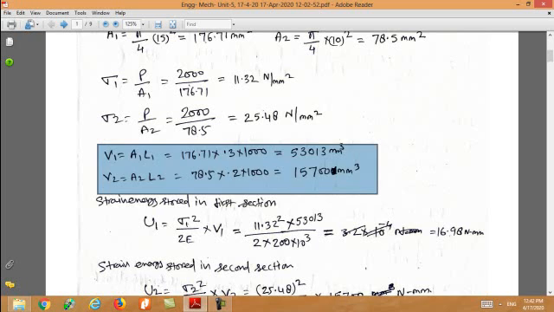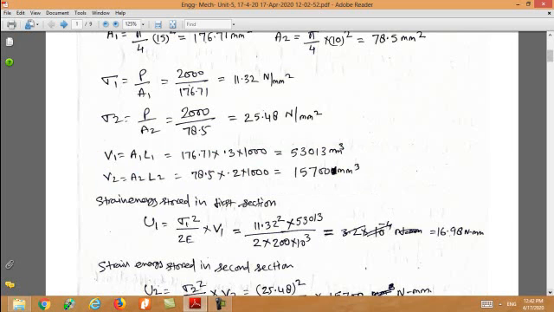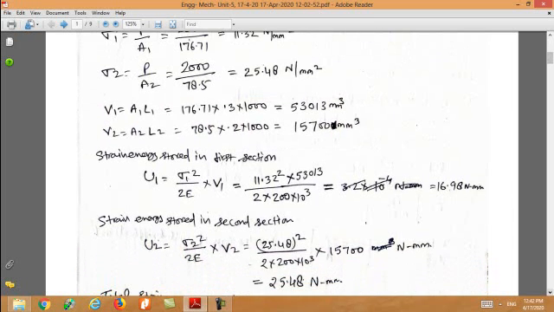Now you know the formula for the strain energy: U1 is equal to sigma 1 square upon 2E into volume. Basically this is the formula for the gradually applied load. In a question, if no condition is given, then we understand that it is the case of the gradually applied load.